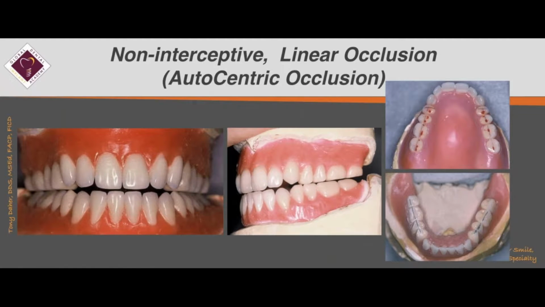Another type of occlusal scheme, this is what I like when no implants are involved, is what we refer to as a non-interceptive or linear occlusion. Slang terminology is autocentric type of occlusion. When you look at the maxillary posterior teeth, the premolar and molar are set on a flat occlusal plane.